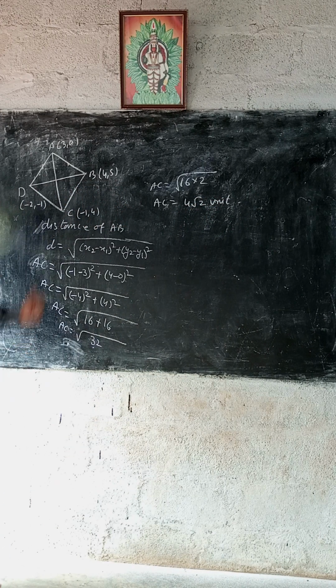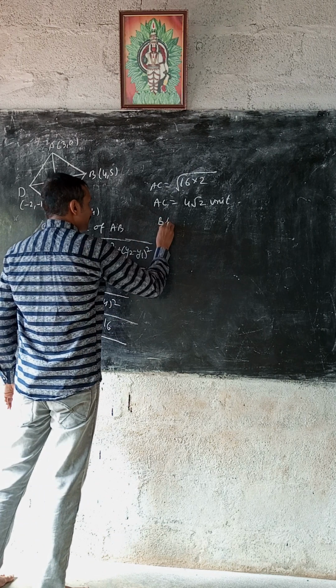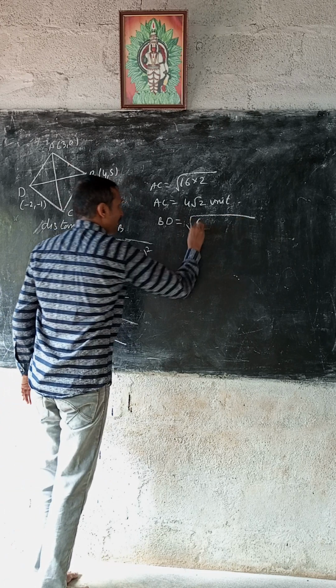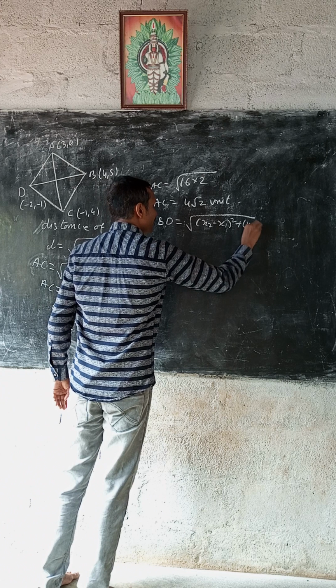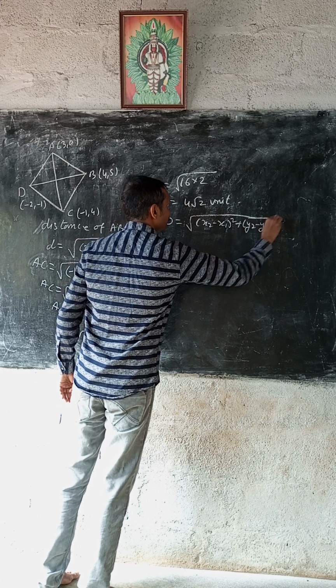Now we are going to find the distance BD. BD is equal to root of (x2 minus x1) whole square plus (y2 minus y1) whole square.